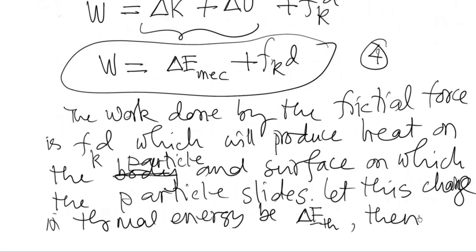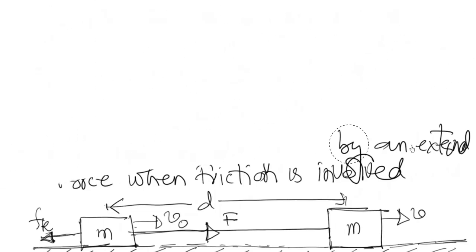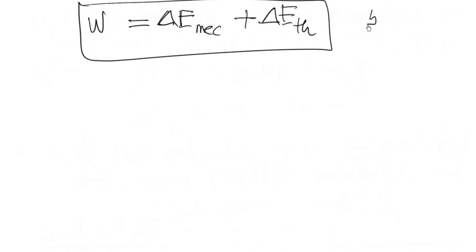Then this one we can write down this, and the total work done would be written as this equation 5, which is the energy statement for the work done on a system by an external force when friction is involved.